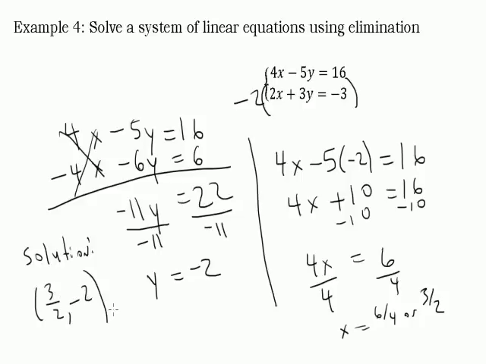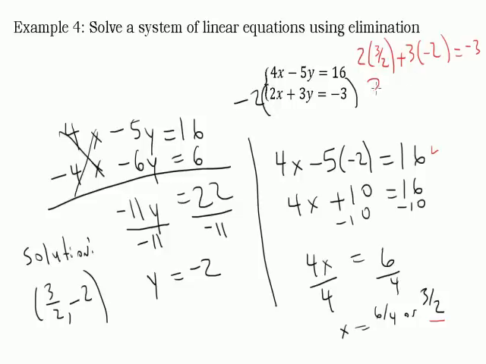Now, as we did before, you really want to check this. I'm going to do it up here on the right. We got this 3/2 from the first equation, so let's actually try checking in this second equation. So 2 times 3/2 plus 3 times negative 2. We're trying to determine whether or not that equals negative 3.